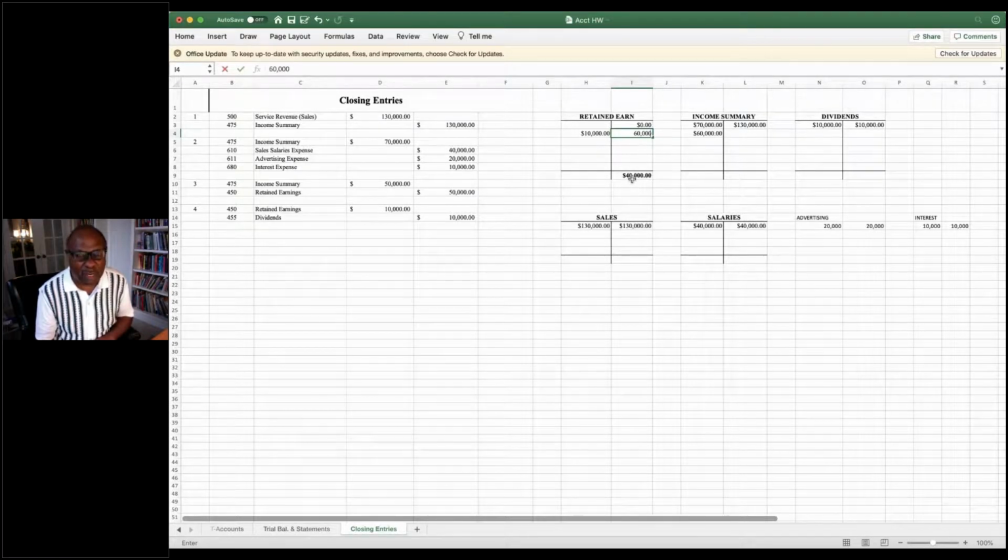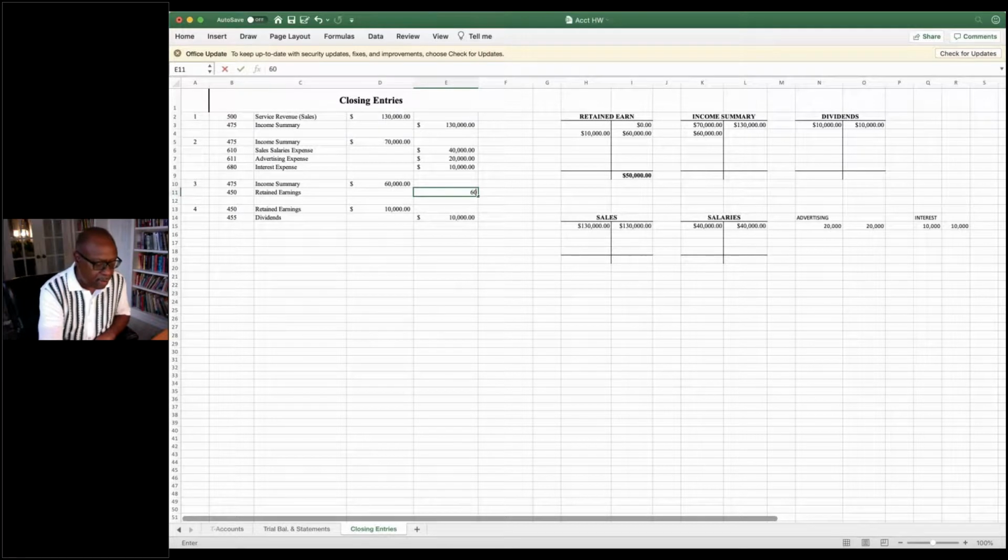And this is really good, because a lot of people put the balance that retained earnings is supposed to be in that closing entry as opposed to the 60,000 income.